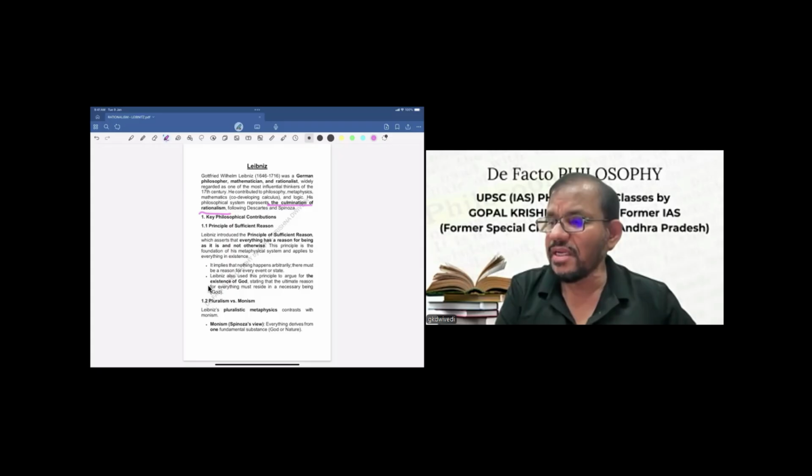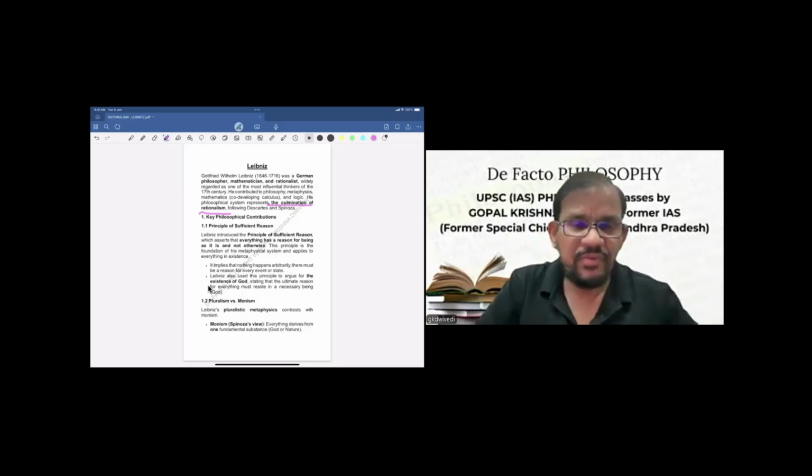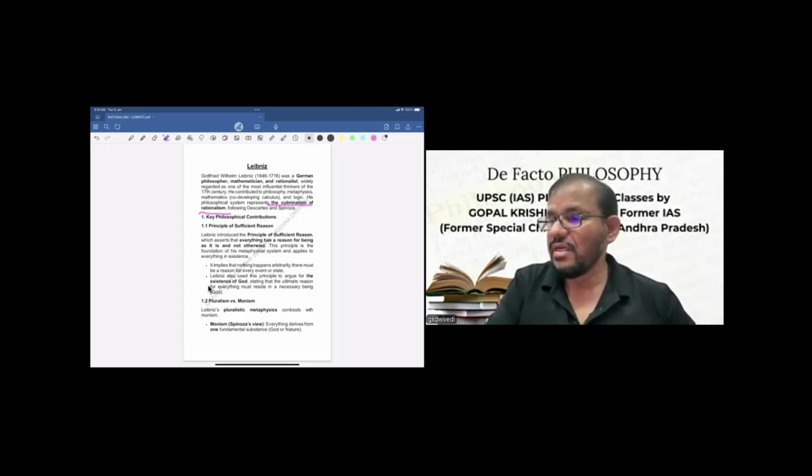Now, what are the main theories or main ideas which he propagated? Let us understand that very briefly, because as I have already told, those four topics we will go through in detail. But before that, let us understand his main ideas. See, the first is the principle of sufficient reason.